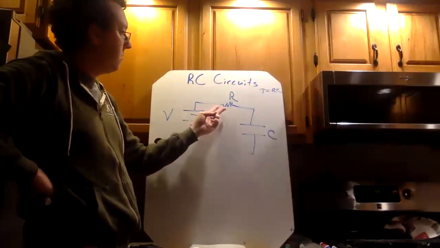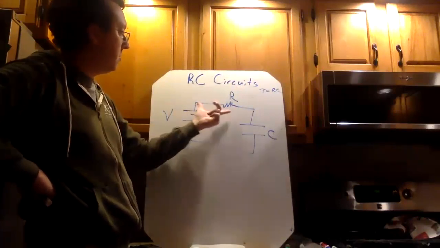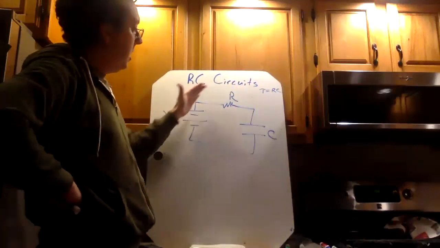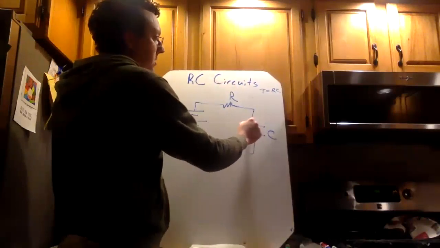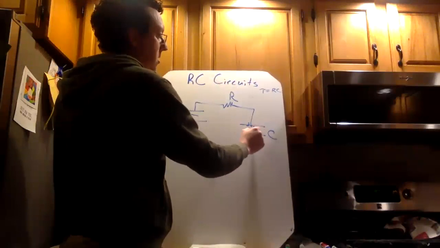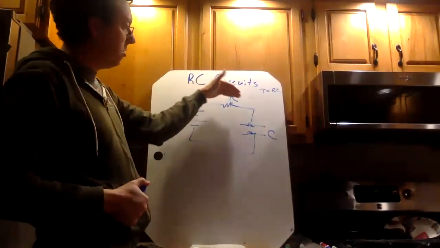Sure enough, Ohm's law says V equals IR, so I is V divided by R at the beginning. But with time, you accumulate more and more charge on the capacitor, and eventually the battery is not strong enough to add more.